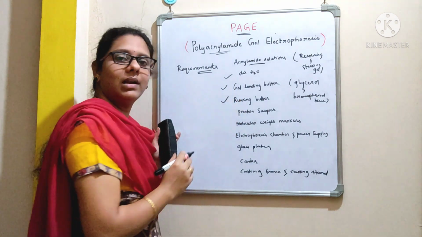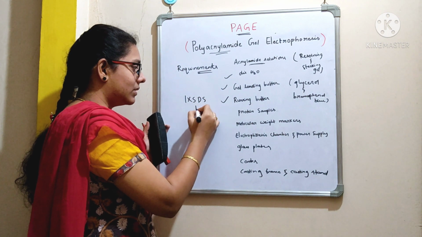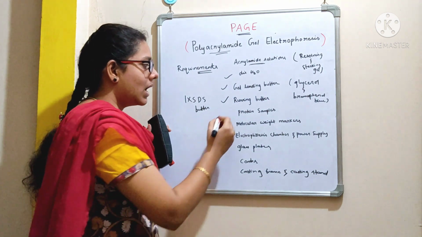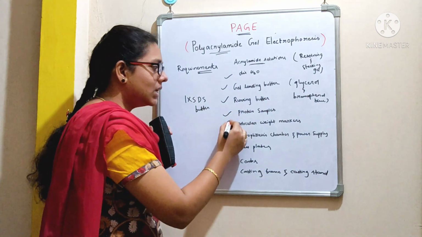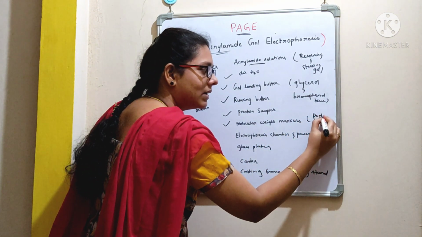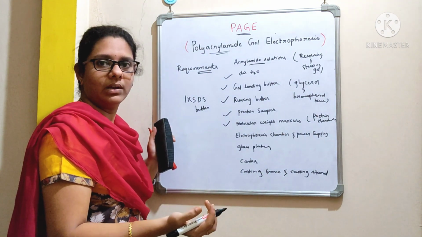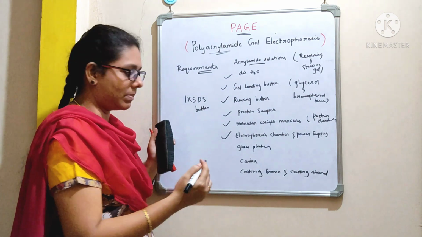And we also need running buffer, that is 1x SDS buffer, or we can also call it electrophoresis buffer. And we need protein samples for the separation. And we need molecular weight markers. We can also call them protein standards. Without the marker, you cannot determine the molecular weight of a protein. And also we need an electrophoresis chamber and power supply.